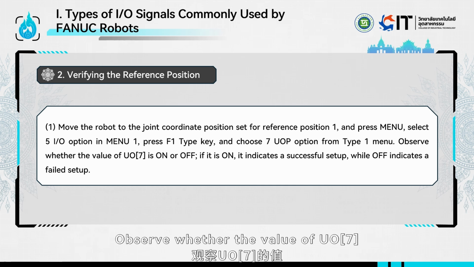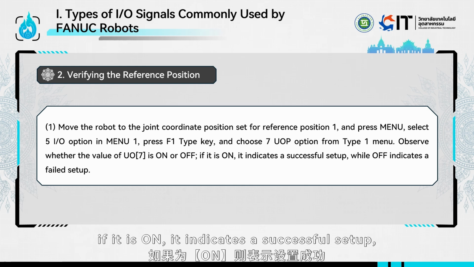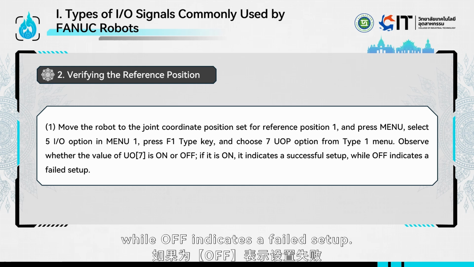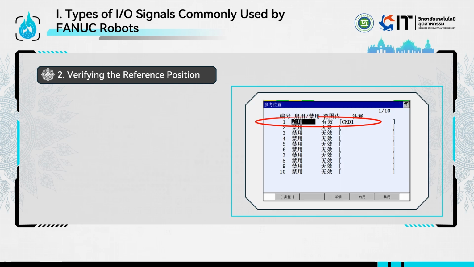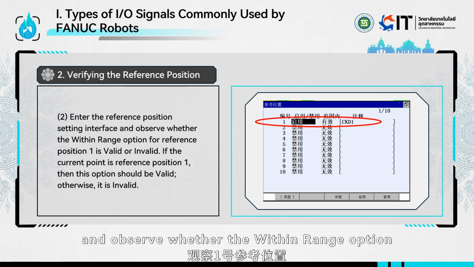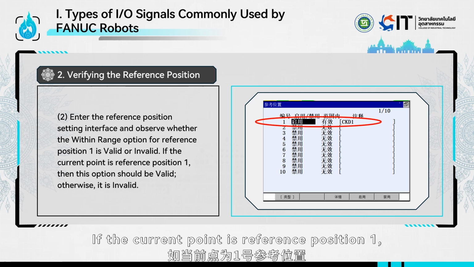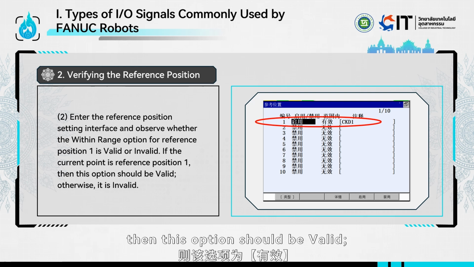Observe whether the value of UO7 is on or off. If it is on, it indicates a successful setup, while off indicates a failed setup. 2. Enter the reference position setting interface and observe whether the within range option for reference position 1 is valid or invalid. If the current point is reference position 1, then this option should be valid. Otherwise, it is invalid.